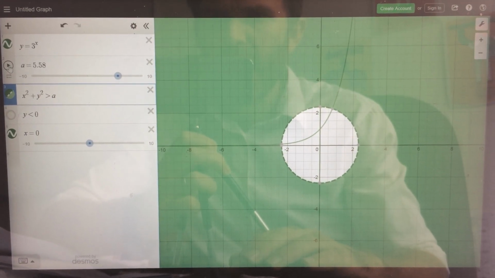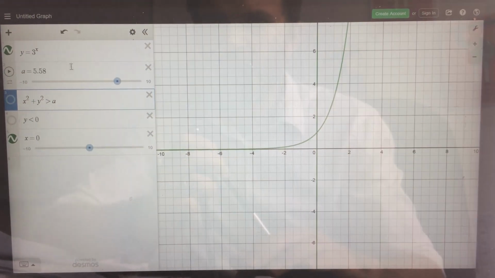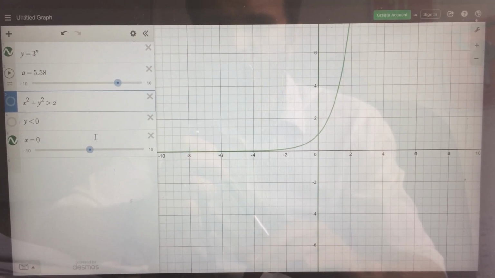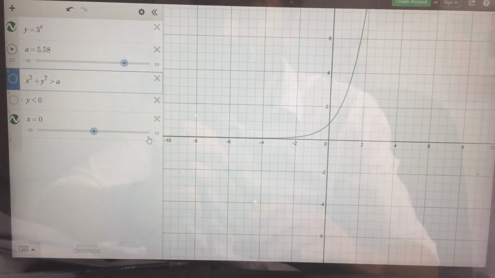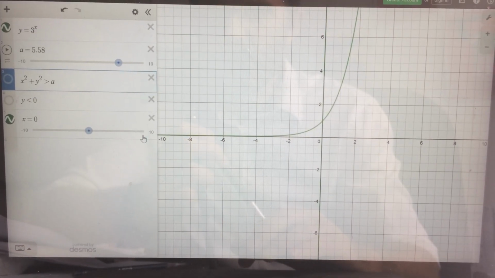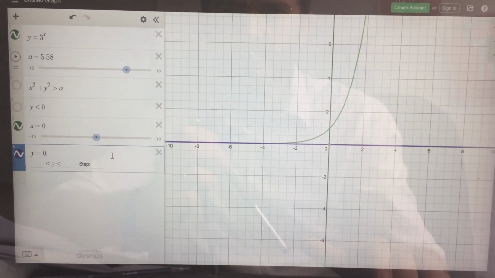So there we go. One thing that is interesting to look at, if I get rid of the circle and just look at that exponential graph, again we can look at the equation of the asymptote, which in this case would be y equal to 0.